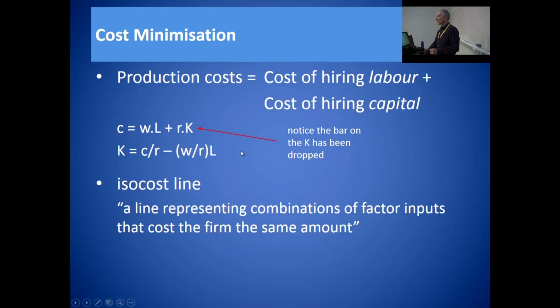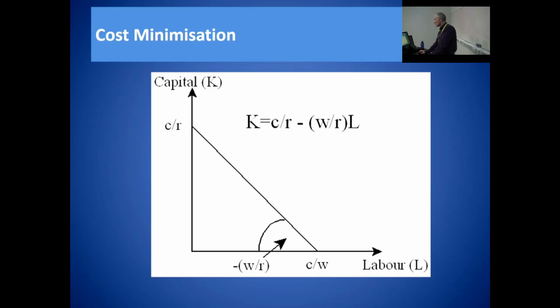What would it look like if we graphed it? Well, remember what's on the axis. It's a relationship between K and L. So that's what you should have on your axis. So K, capital, labour, L. That's what's on our axis. And I said the ISO cost line, I'll draw it there again for you, was the equation of a straight line. So there you go.